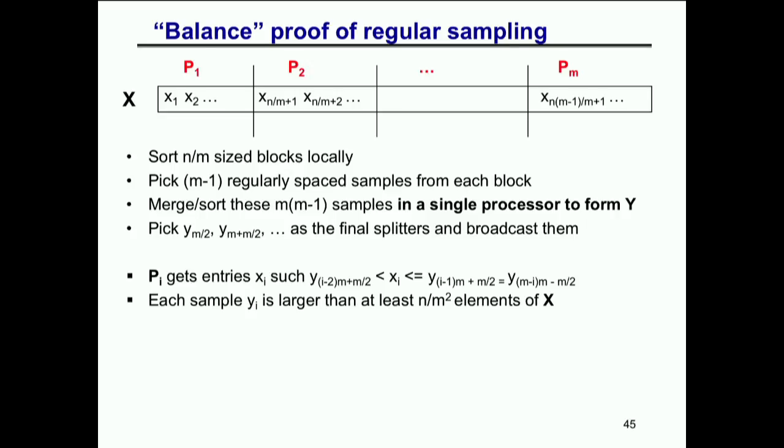If you're one of the processors in the middle, not the first, not the last, you basically get entries in this range: anything that's larger than (i minus 2)m plus m over 2 and less than or equal to (i minus 1)m plus m over 2. Do the algebra, this is exactly what I described in words. The i's and indices might be a little tricky.